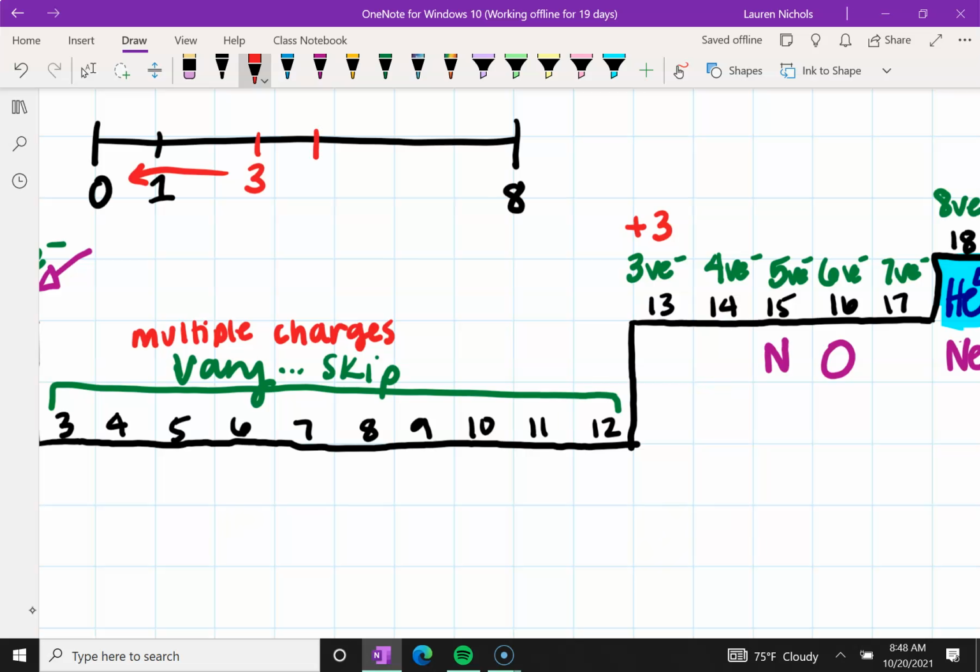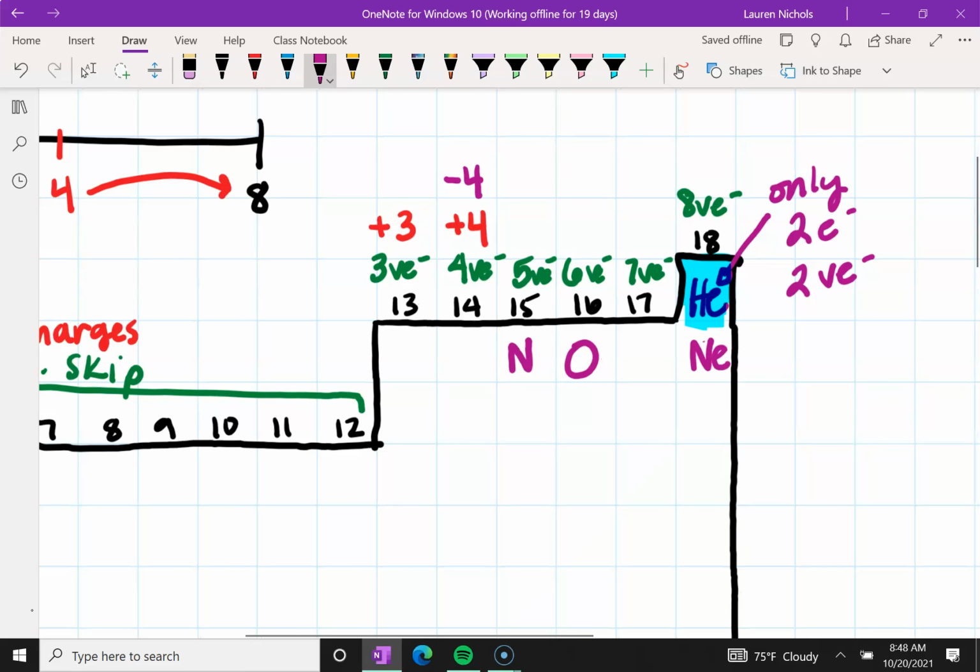Now, if I have exactly 4 valence electrons, I could gain 4 to go to 8, or lose 4 to go to 0. It's exactly in the middle. So depending on what element it is, you can have a +4 charge, or a -4 charge. But if it's a metal, it will always be positive. It'll always be a cation.